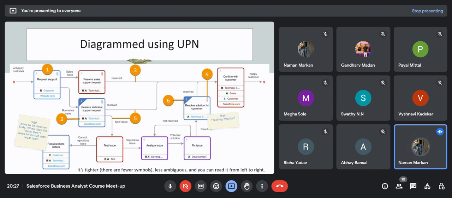In the first one, you can see that the box is the activity box, which says there is a request coming to your process or system. And the second one says R is the responsible person, A is the person accountable for a particular thing, and C are those who are consulted. First you are responsible, then you are accountable, then you need a consultant from someone else, and I are those who are informed.